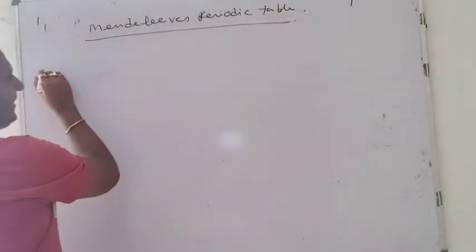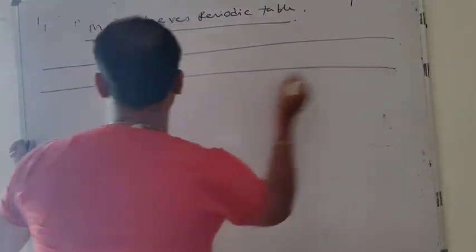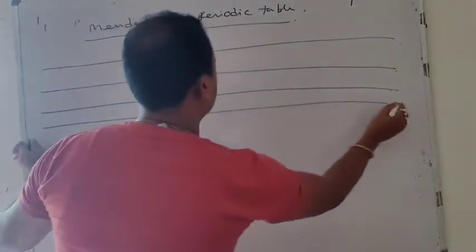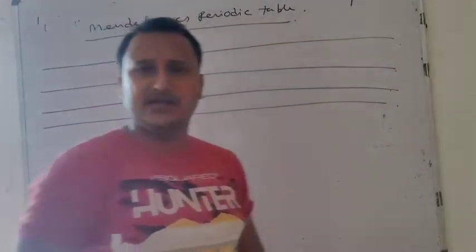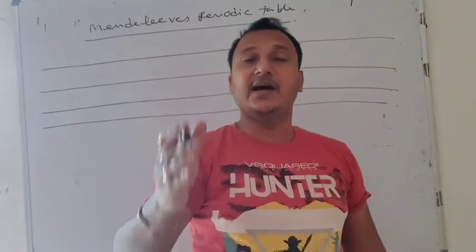That is, in some horizontal rows. The horizontal rows which are present in the periodic table are known as periods.